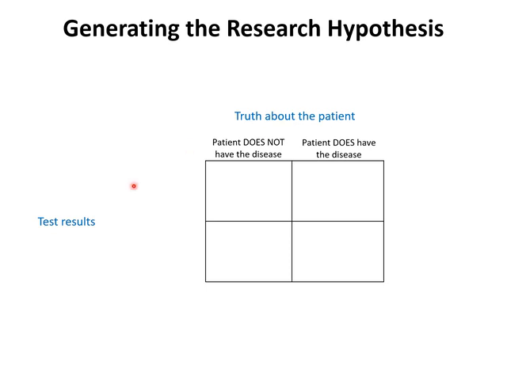Our test is either negative or positive. If the patient doesn't have the disease and we find negative results, this is a correct result. If the patient does have the disease and we find positive results, this is also a correct result.